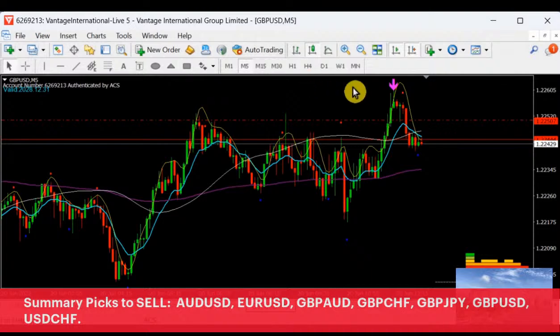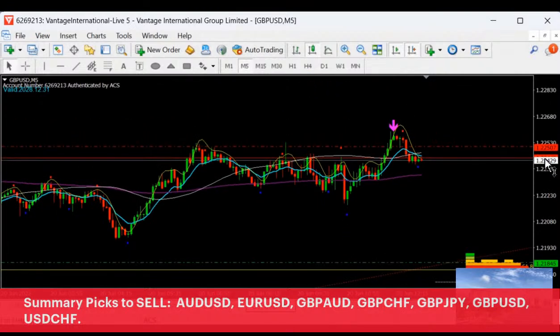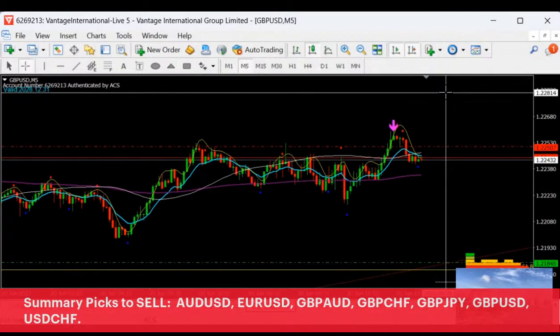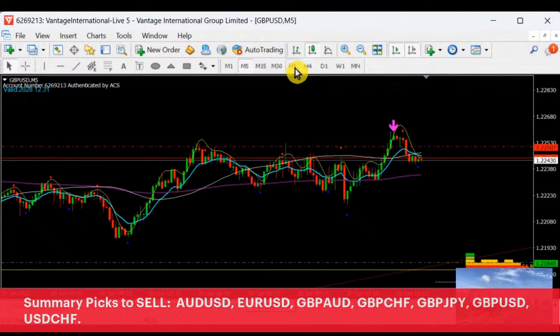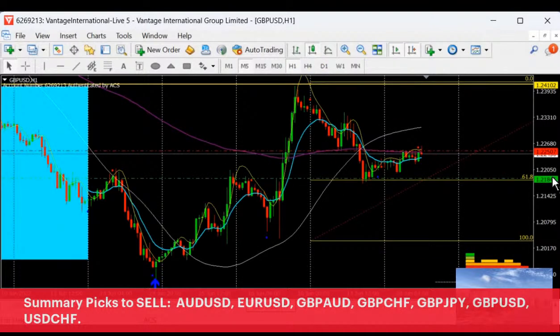So that's quite high up, huh? It should be around here, 122.80 for selling.